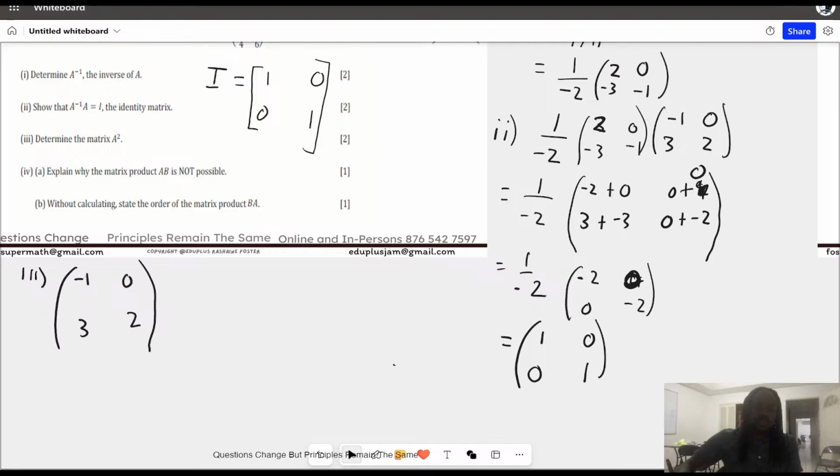When you square something, what you're doing is actually multiplying that thing by itself. So negative 1, 0, 3, 2. And what am I supposed to do here? Multiply it by itself, which is negative 1, 0, 3, 2.